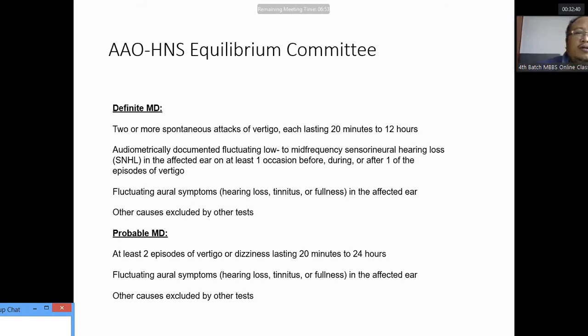And how do you diagnose Meniere disease? At the world level, globally, a big scientific committee has been established to study balance and vertigo, called the Equilibrium Committee.